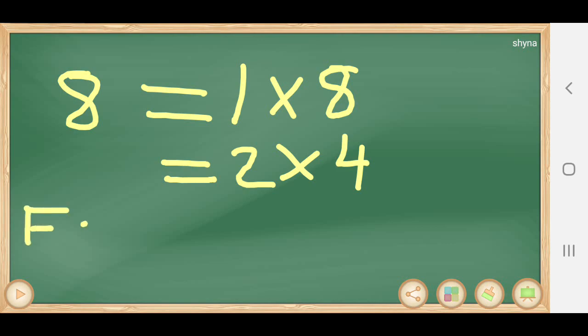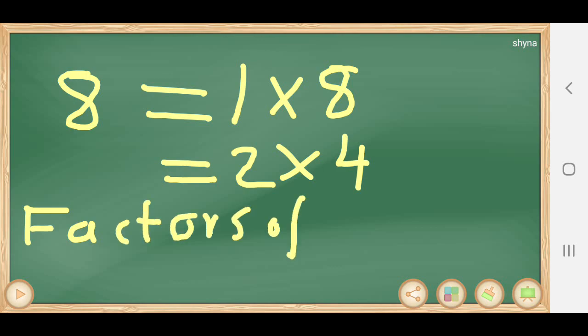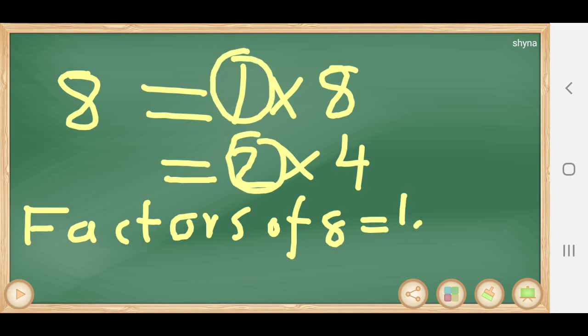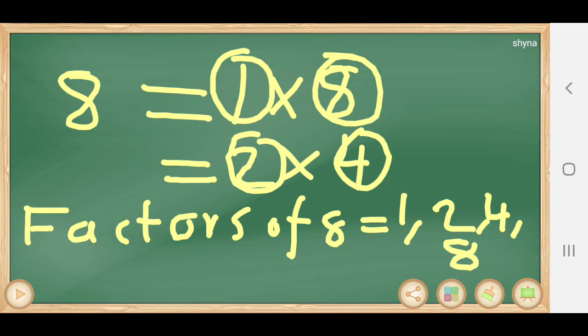So, factors of 8 we can write. Factors of 8 is equal to 1, 2, 4 and 8. So, factors of 8 are 1, 2, 4 and 8.